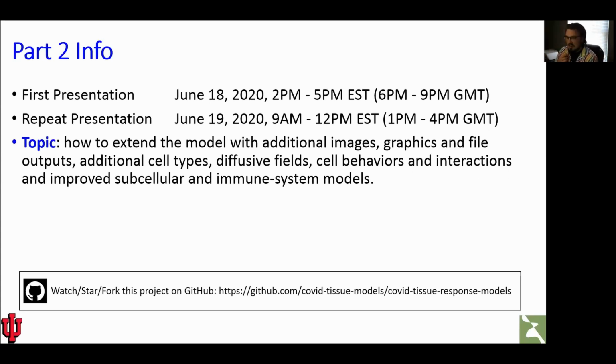We will go through the XML and Python model specification of the framework, and we'll go through some of the basics of how to generate some of those graphics rendering panes for tracking data, all the way to doing actual basic model development. We'll go through the exercise of adding cell types, adding diffusive fields, and then taking some very basic mechanisms and taking a simple representation of that and actually implementing it in the code, and then observe what happens.